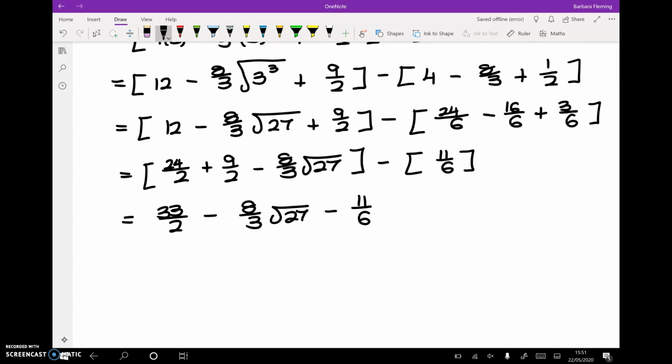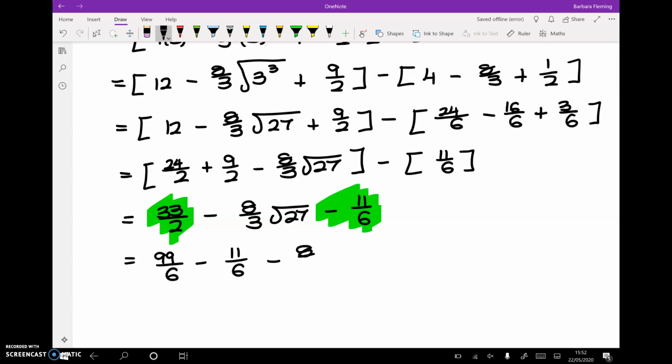I have to say at this point, what we'll do is we'll collect together these two, and then I'm going to go to the good old calculator. To turn that 33 over 2 into 6 times by 3, 99 over 6, because 2 times by 3 is 6, 33 times by 3 is 99, it's 99 over 6, take away 11 over 6, and then that very ugly 8 over 3 root 27.